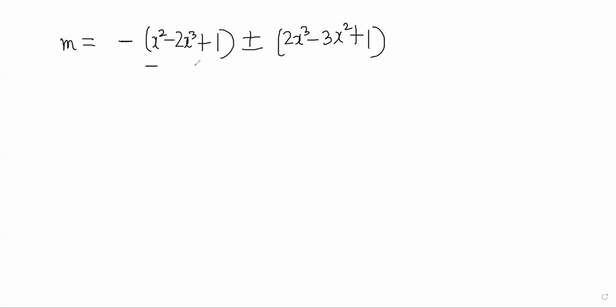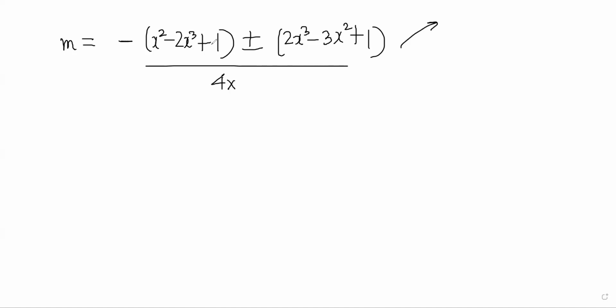We say m is going to be equal to negative of x square minus 2x cubed plus 1, that is minus b, plus minus square root of the discriminant, which came out to be 2x cubed minus 3x squared plus 1, divided by 2a. Right? So 2a is 4x. So let's take the two cases here.